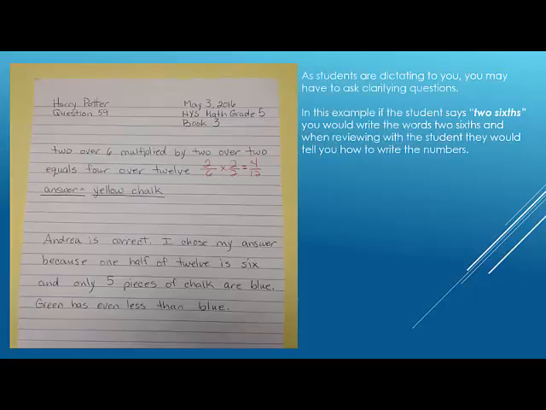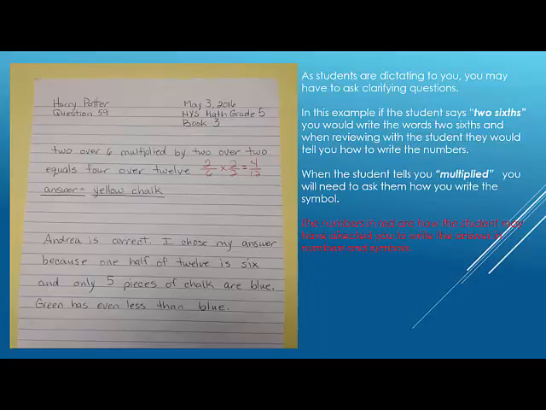Now, the students might have said 2, 6. We understand as adults that this indicates a fraction, but we need the student to specifically tell us how they want us to write the numbers. When the student tells you multiplied, you'll need to ask them exactly which symbol you are supposed to write.